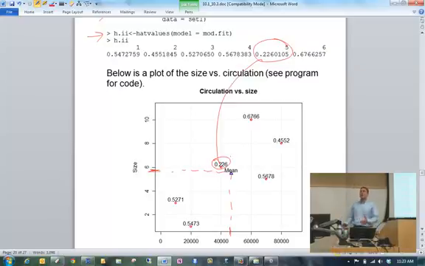Notice how that point is the closest to the overall mean, and also has the smallest hat matrix diagonal value. As we get farther away from the mean, these hat matrix diagonal values tend to increase.